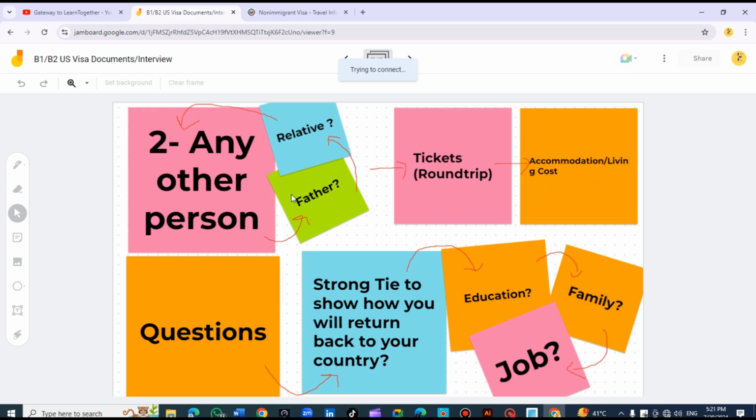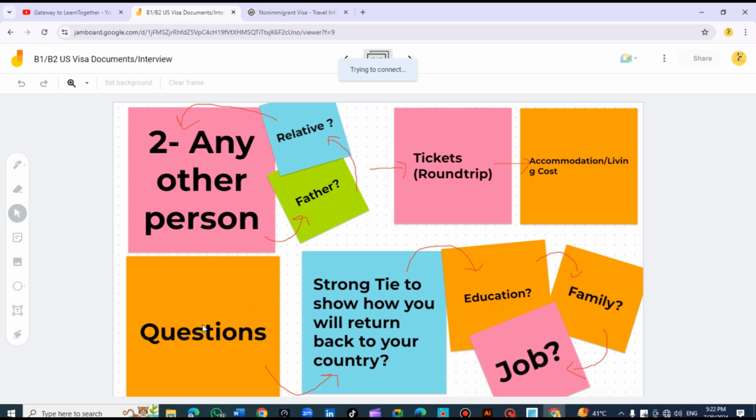So they will be more focused on these things which are necessary to fulfill your trip in the US, based on someone else paying for you. And they will focus less on your personal statement or your financial statement or your bank statement, because you are not even paying for yourself. So you see how the document situation has changed in this situation too.